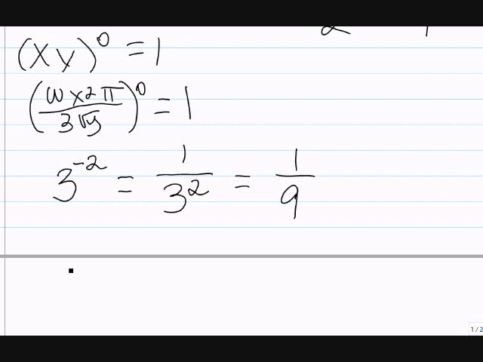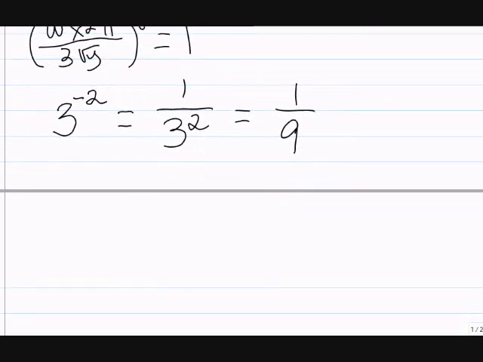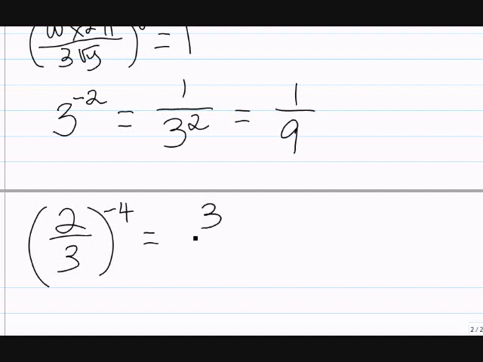Now we got to do a fraction. Okay. So if I have 2/3 to the negative fourth power, well, that negative fourth power takes the reciprocal of the fraction and takes it to the positive fourth power.